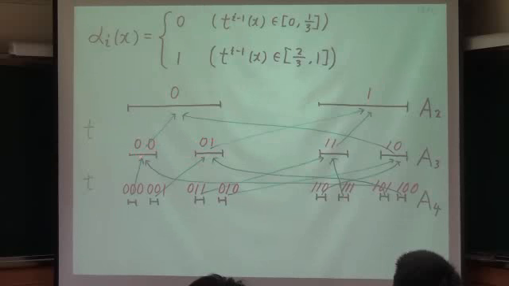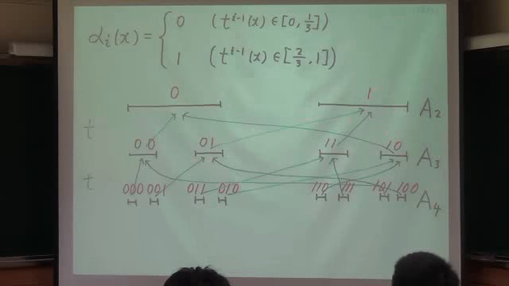So if Tx is in the left-hand part, this is 0, 0, alpha 1 x and alpha 2 x. Alpha 2 x is 1 if x is here, because Tx goes to the right half. And this goes to 1, 1. So this one is already decided by this one.